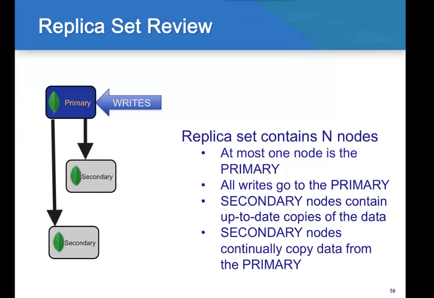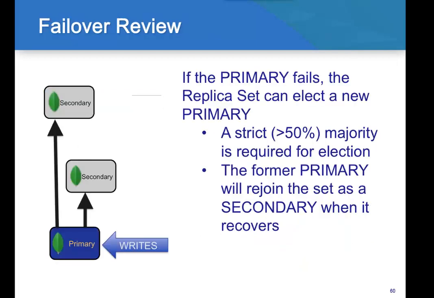So I want to recap what we've covered so far before going on to the advanced topics. Again, a replica set contains some number of nodes. One node is the primary. All writes go to the primary, and the secondaries maintain up-to-date copies of that data by continually copying from the primary.